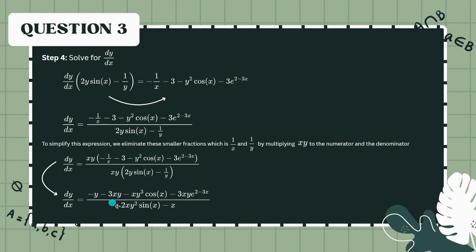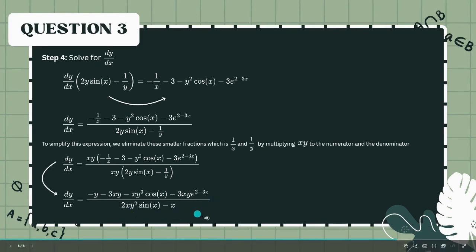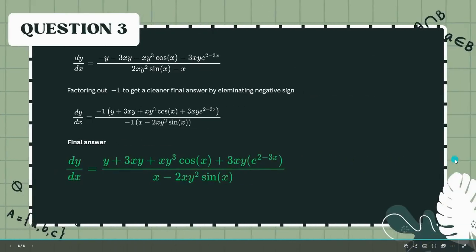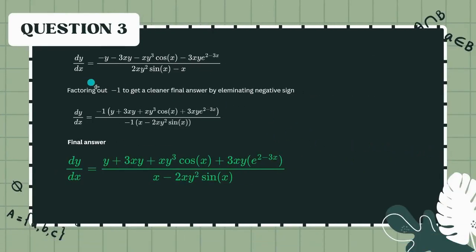Negative y minus 3xy minus x square cubed cos of x minus 3xy exponent of 2 minus 3x per 2xy square sine of x minus x. So next, this is not a complete answer, so you can factor out negative 1 to get a cleaner final answer by eliminating the negative sign.